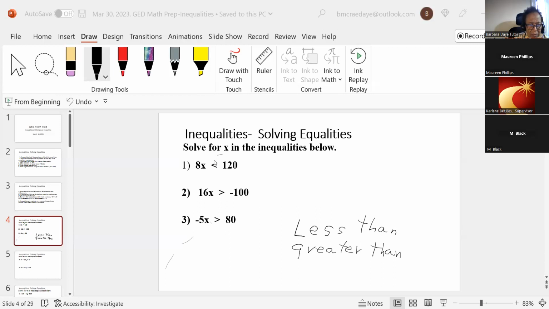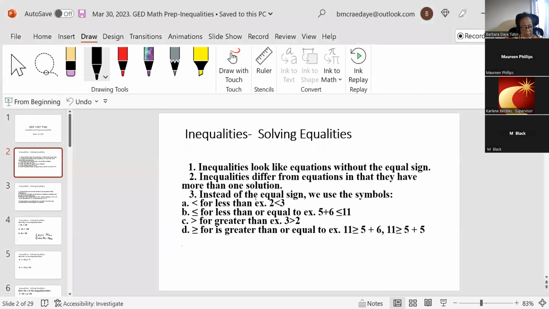This is a less than symbol. Maureen, this is a less than. Number one has a less than. Number two has a greater than. Number three has a greater than. Remember, let's go back up here. I gave it to you in that first slide. Less than, greater than.